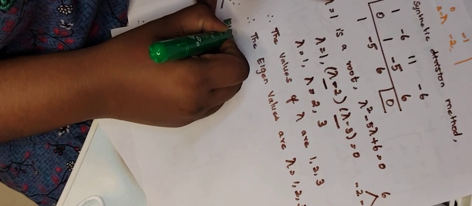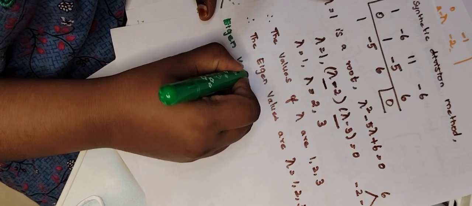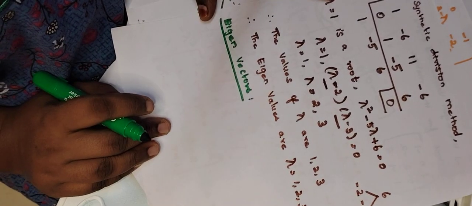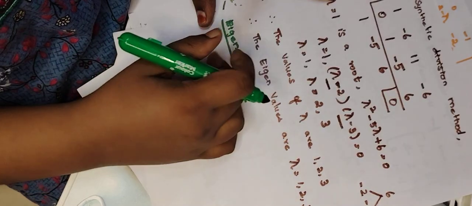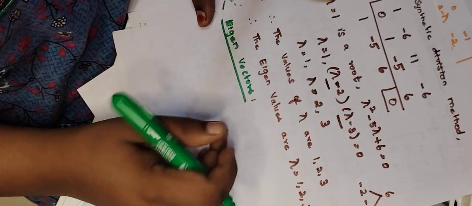Now using these eigenvalues, I need to find the eigenvectors. I'll write the heading here: eigenvectors. The eigenvectors can be formed using the equation A minus lambda I into x equal to 0.